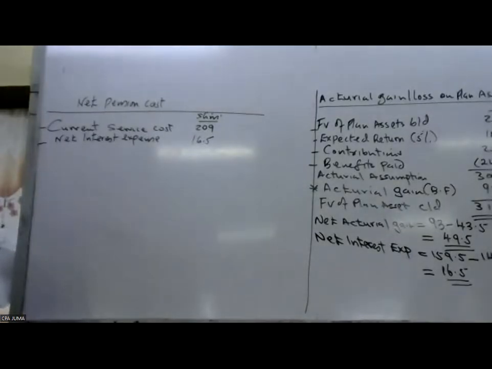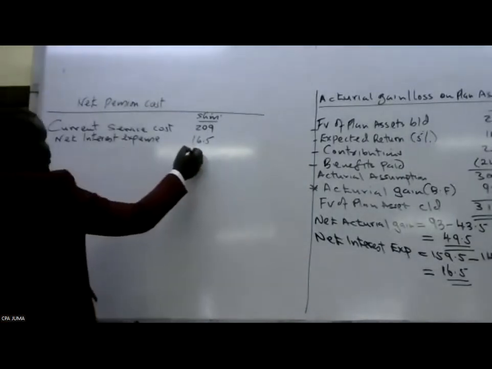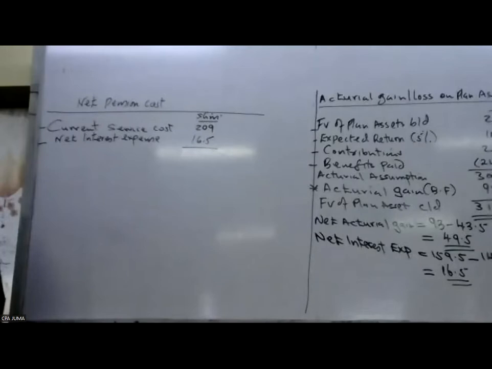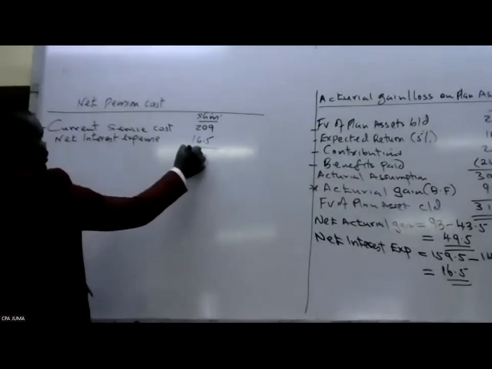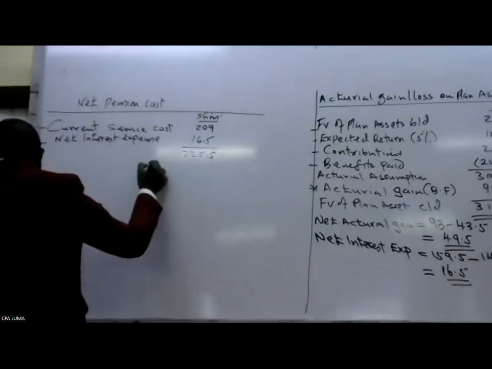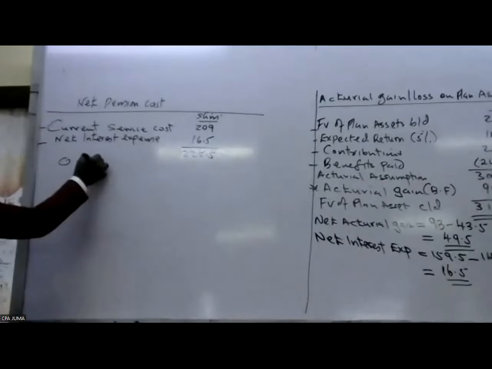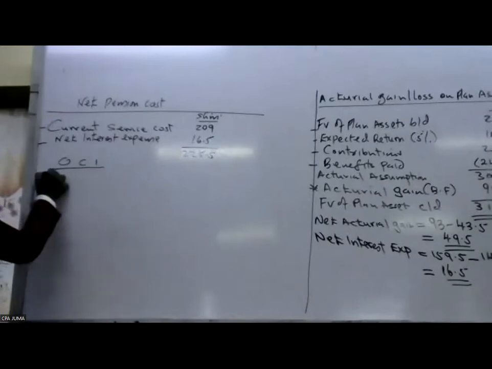So can you add? Those are the expenses. Those two come to 225.5. OCI, other comprehensive income.